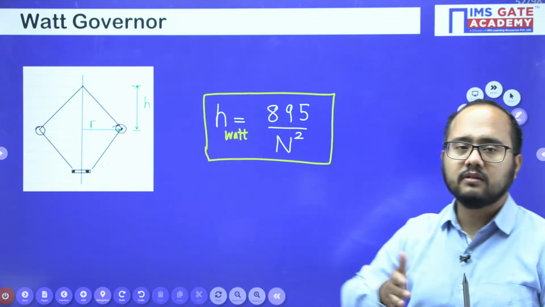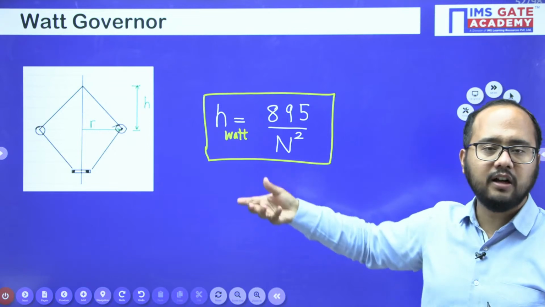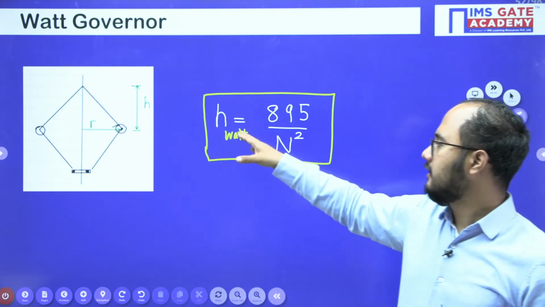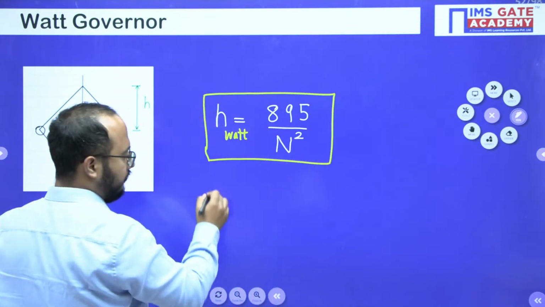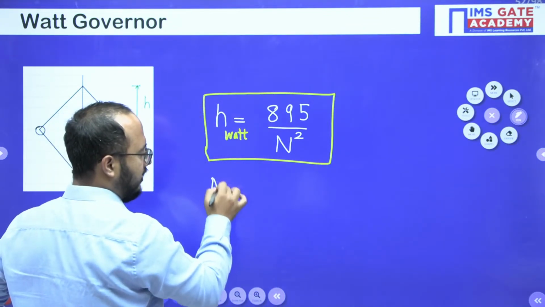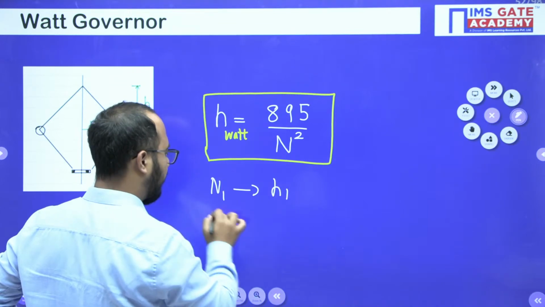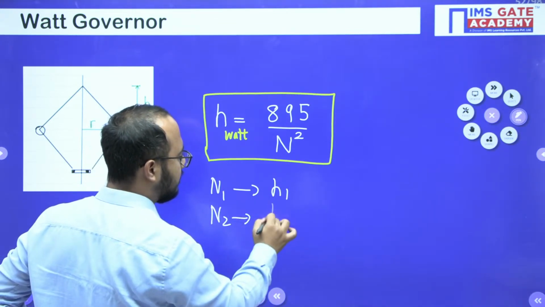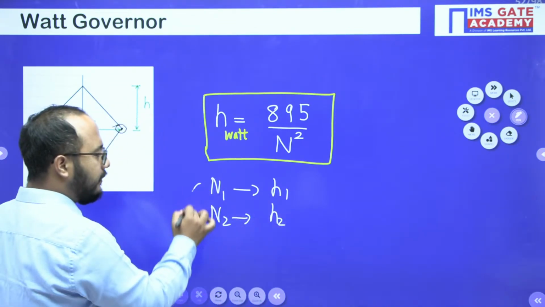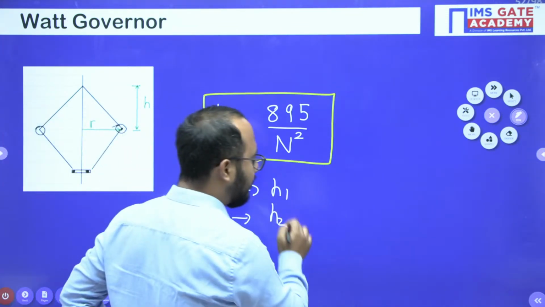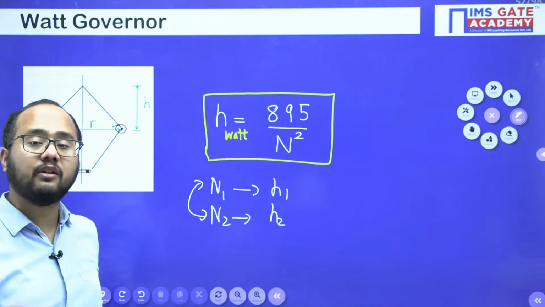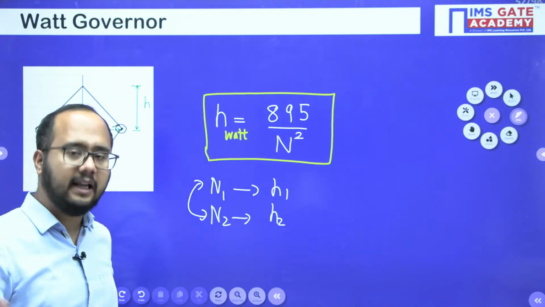For example, for N1 there will be H1 height. For N2 there will be H2 height. Now if these speeds are very high, obviously in that case this H1 and H2 will be very less, and if I take the difference, that value will become very less.